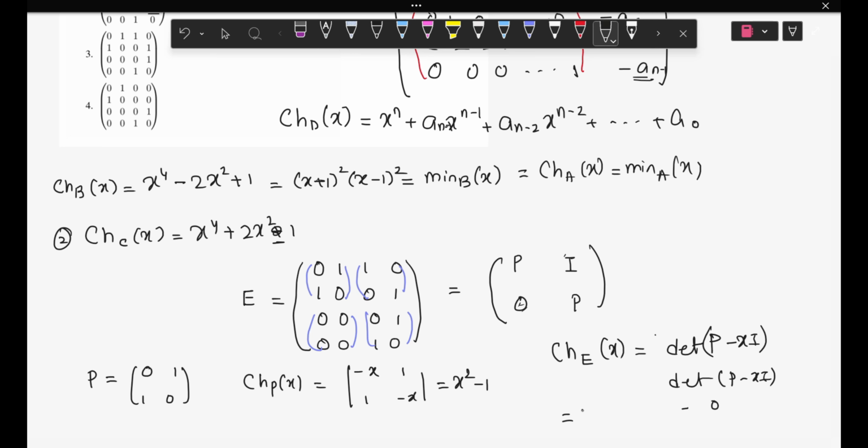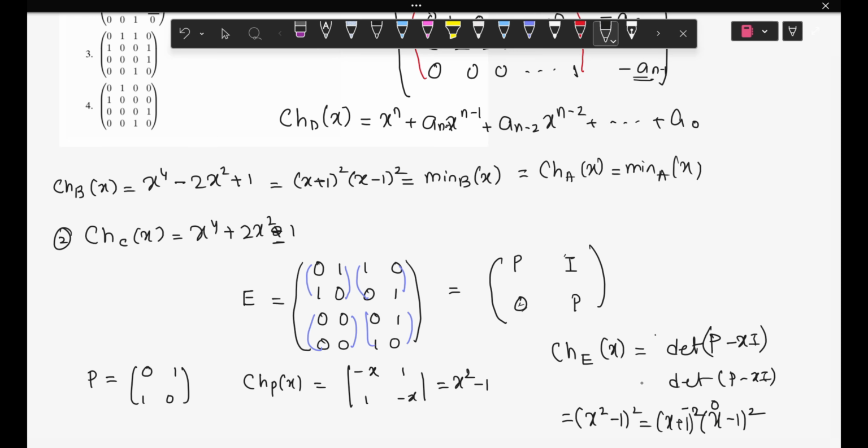So that gives you (x square minus 1) whole square, that is (x plus 1) whole square, (x minus 1) whole square. That is the characteristic polynomial of the given matrix E, which was also the characteristic polynomial of the matrix A. So these two matrices have the same characteristic polynomial.